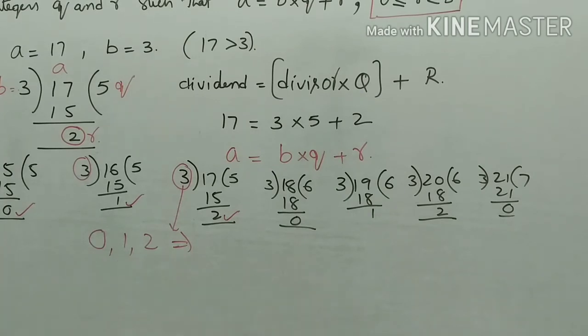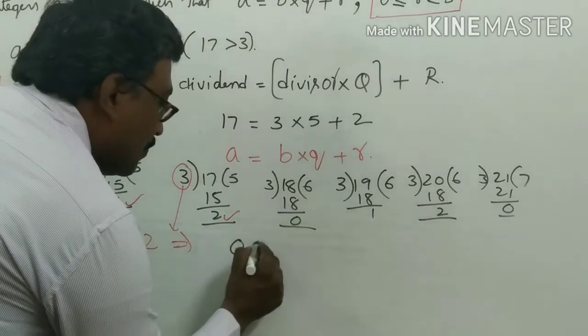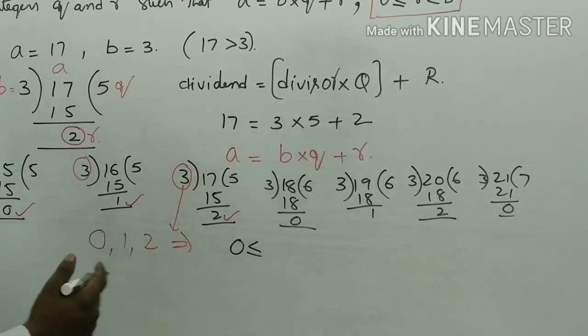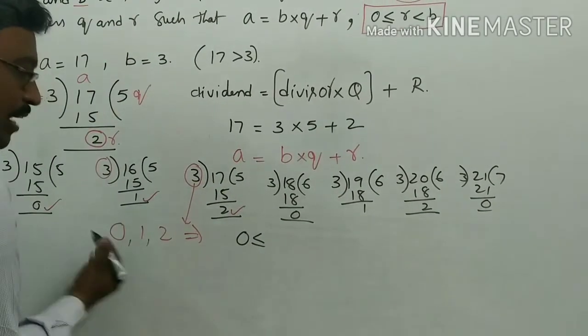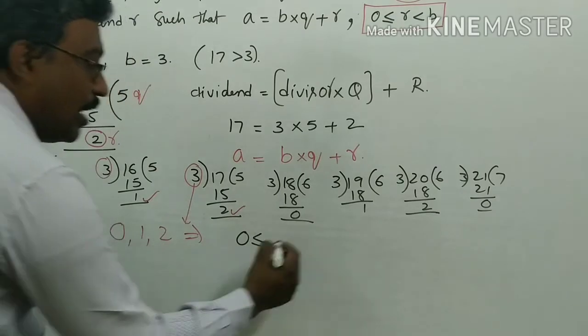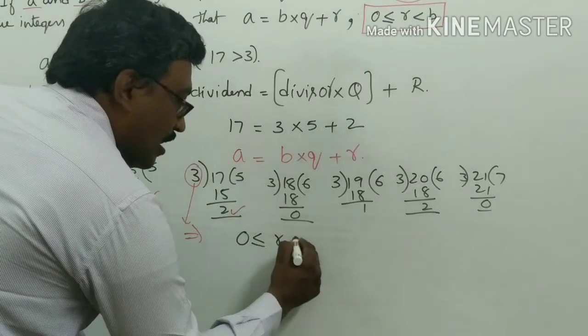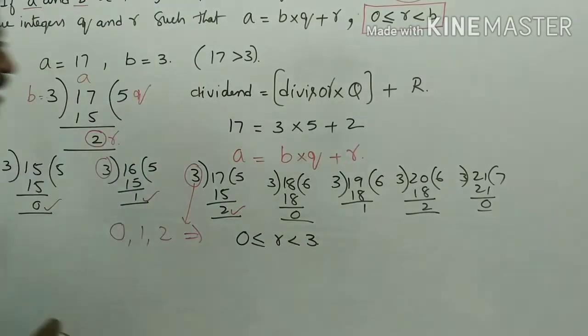That means the remainder is always either 0 or greater than 0, like 1, 2, and so on, but it is less than 3 only. You won't get the remainder 3. Less than 3 you will get, and 0 or more you will get.